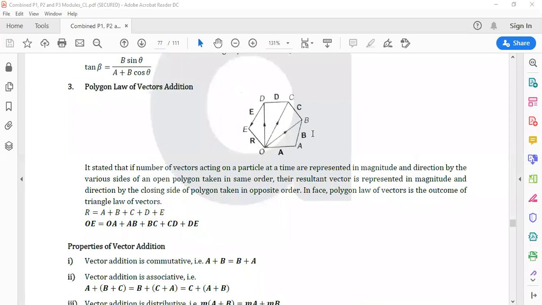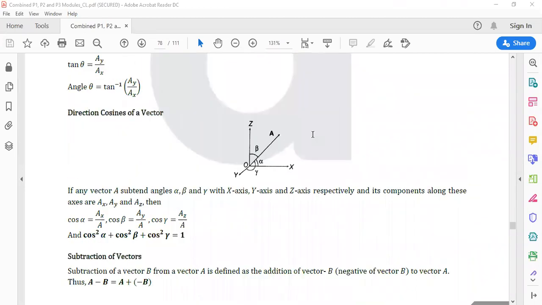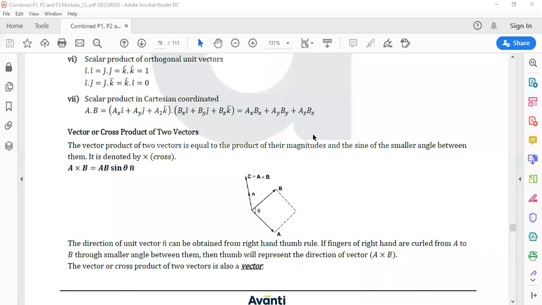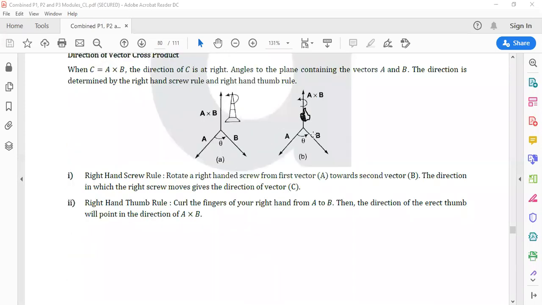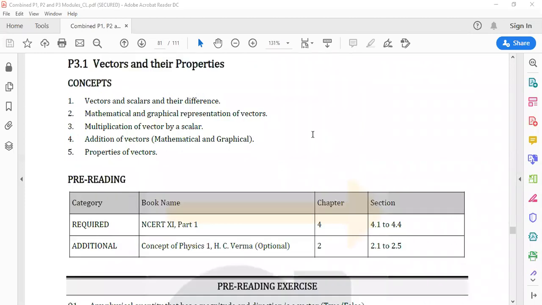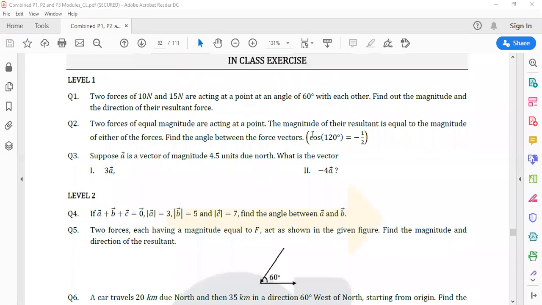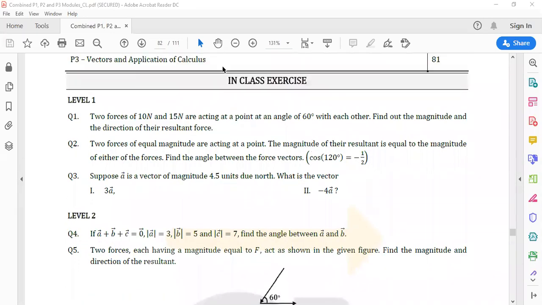If you got it, then just find the solution of one problem. Wait, I'll just give it to you. Find this problem, question number 1 and 2.